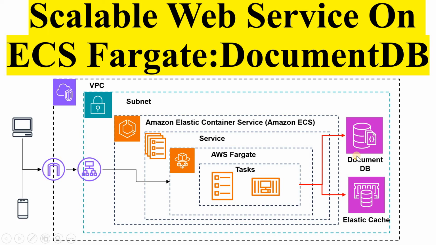DocumentDB is a scalable NoSQL database, and then we're going to have ElastiCache, which we'll use for our caching purpose. In front of these, we will have the Fargate service exposed over an Elastic Load Balancer.